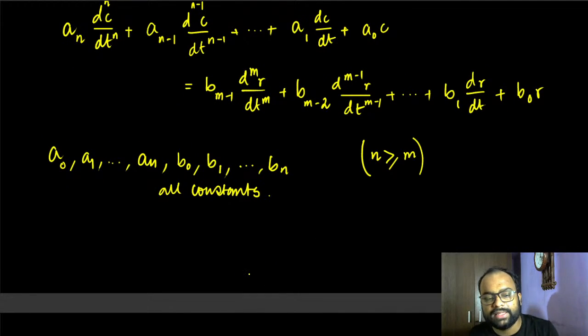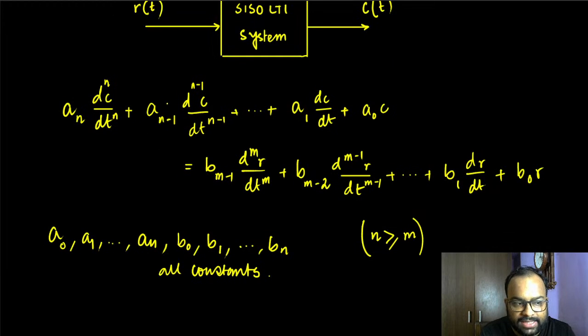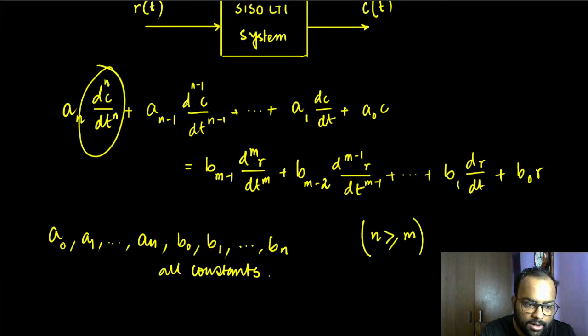Right. So if this is the differential equation model describing the system, then there are certain standard terminologies that we need to understand right now. This is an nth order differential equation. The highest order of the derivative in this is, of course, n, the nth order derivative. It could also be the highest possible order if m and n are equal, but we are saying that n is a larger number than m.